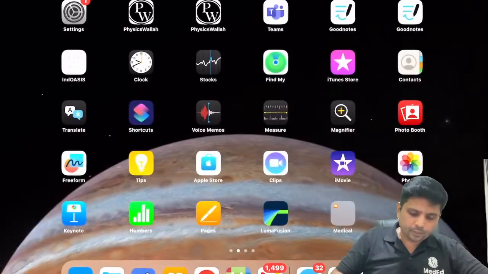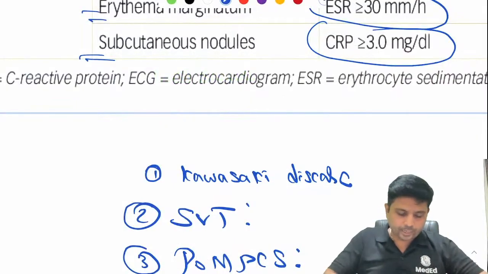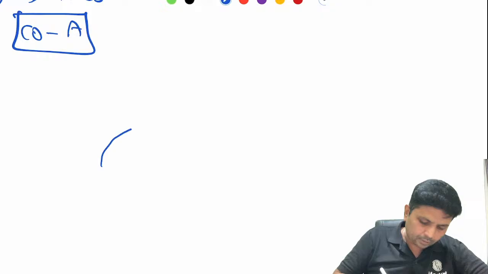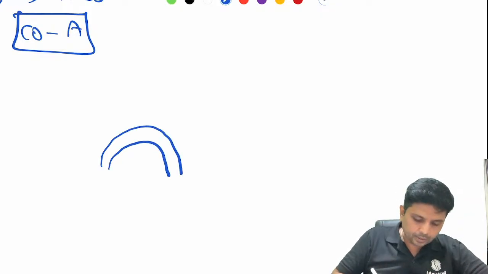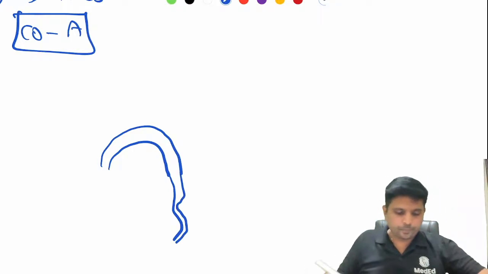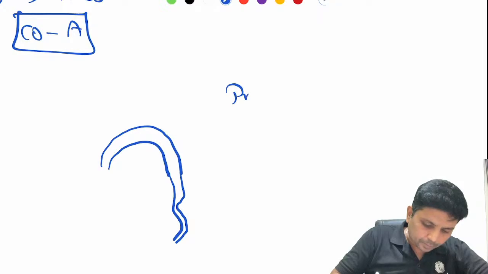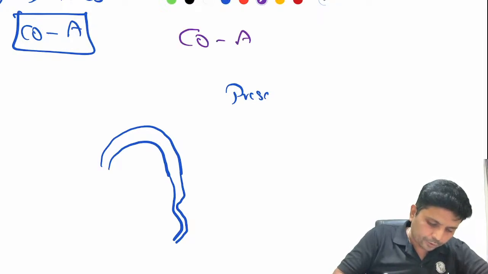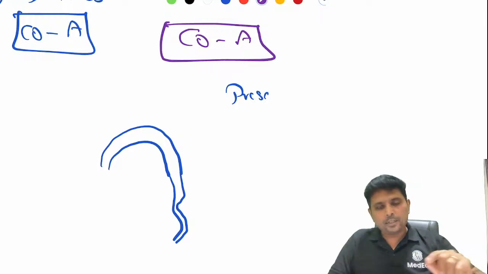So what do you mean by coarctation of aorta? Remember, this is your heart, the arch of aorta, and then in the descending aorta, one area will be very narrow. This is called coarctation of aorta. What is the presentation?